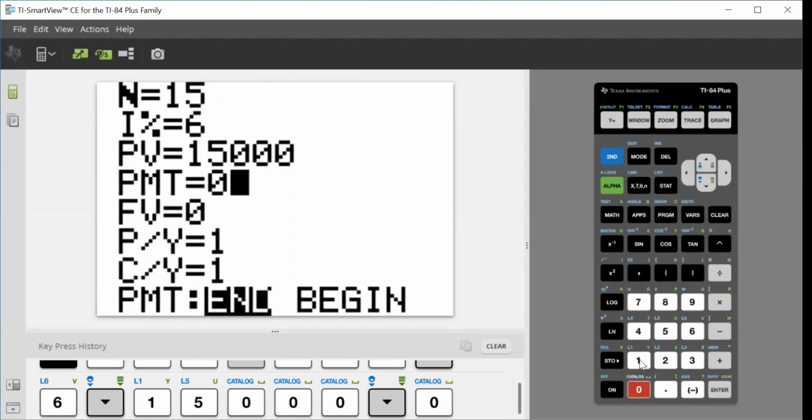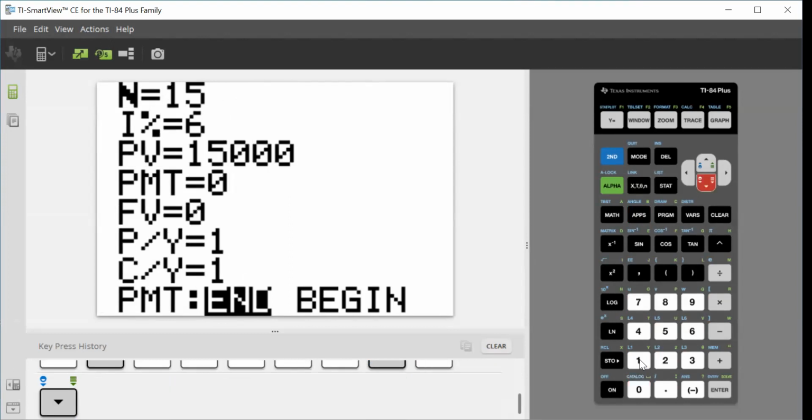We're not making any payments. We're just depositing money and allowing it to earn interest. The future value is what we're looking for, so I'm not going to mess with that. P/Y is 2, C/Y is 2, and payment is set to end where we want it.